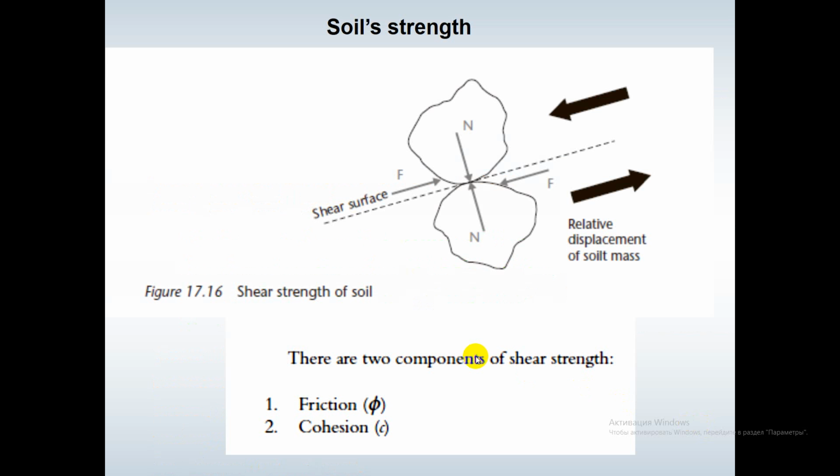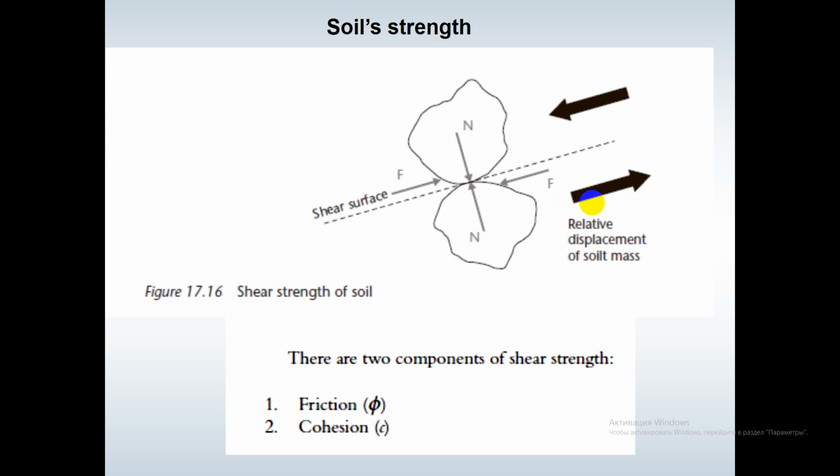Soil strength. The strength of soil is defined in terms of its shear strength. You can see on this figure a shear strength of soil. This is the shear surface and the relative displacement of the soil mass. This is the maximum shear stress that can be applied to the soil in any direction.